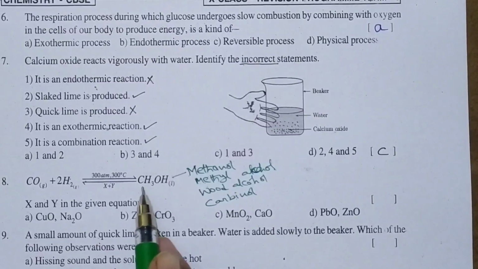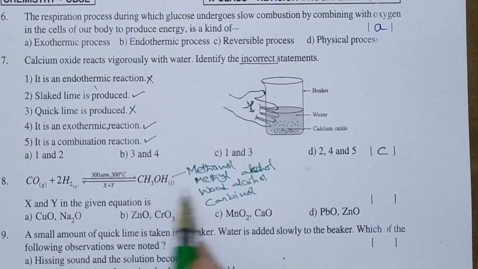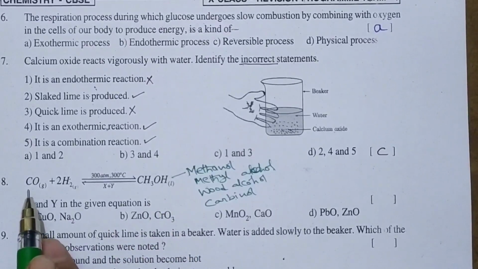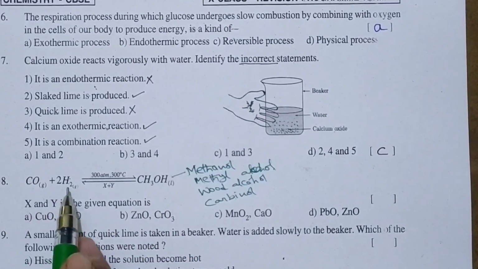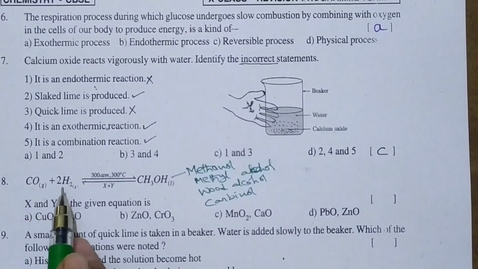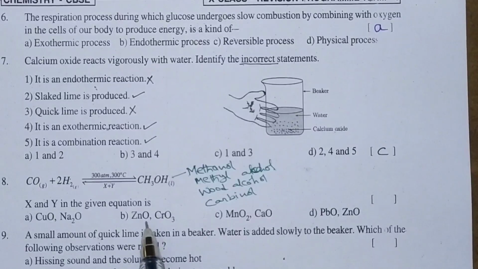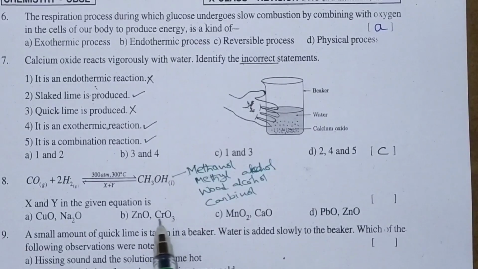While preparing methyl alcohol or methanol, however we call it, we need the reaction between carbon monoxide and hydrogen in the presence of two more components, those are zinc oxide and chromium trioxide.